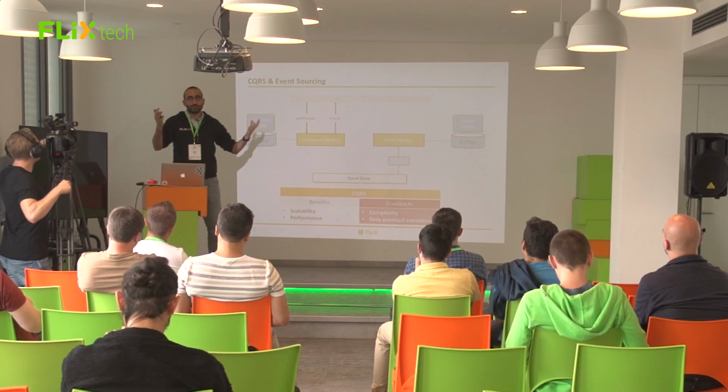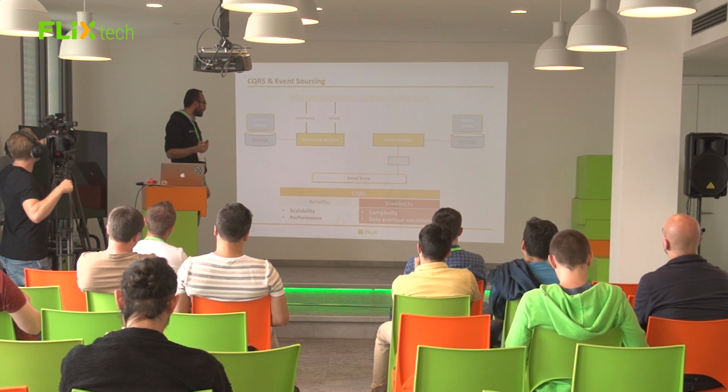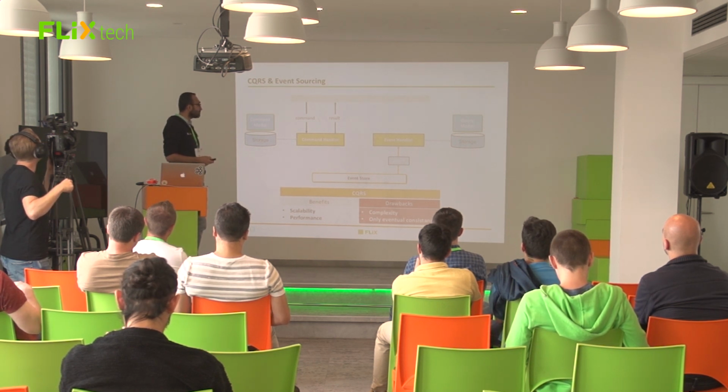Of course, the drawback is the complexity, because we have to maintain two models at the same time for the same information. This is one of the major drawbacks of CQRS. And the eventual consistency. I don't know if it's a drawback. This is maybe the real life consistency, but it is different from the full consistency in CRUD.